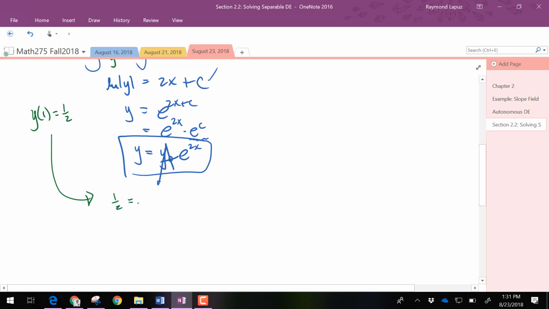Wait, when x is equal to 1, y is equal to 1/2. So you put x is equal to 1, y is equal to 1/2, and then solve for this. I get 1/2 equals a e squared, and then a is equal to divide, right? Squared, whatever that number is.